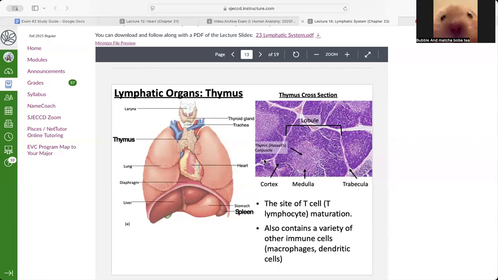The T lymphocytes, if they fail any test, okay, I'm going to break it down. So dendritic cells, right? They are the teachers. T lymphocytes are like little guys.